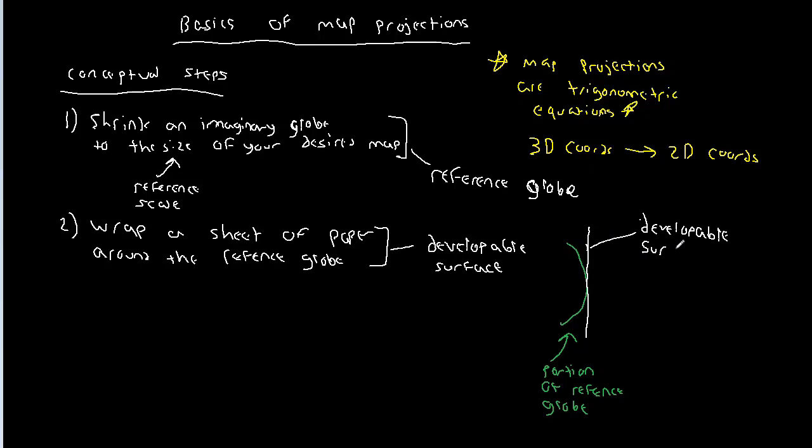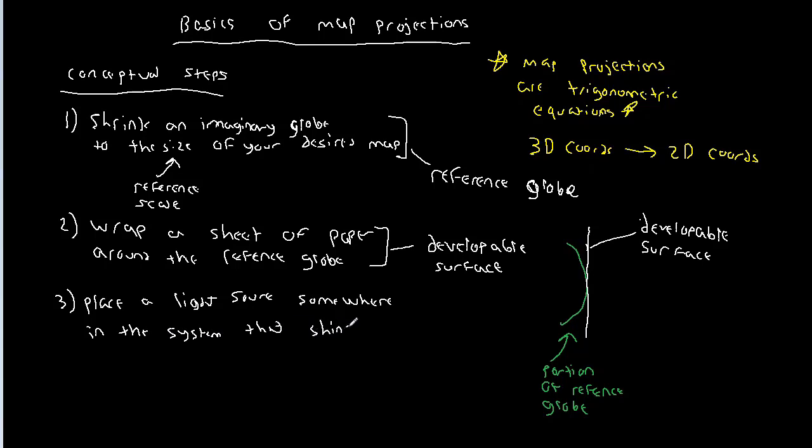Step 3: place a light source somewhere in the system that shines through the reference globe onto the developable surface.